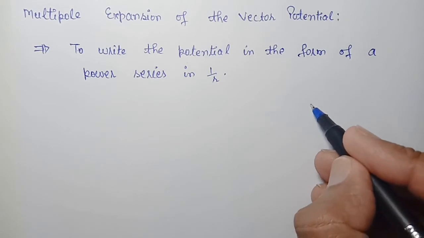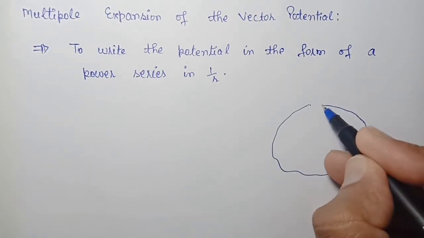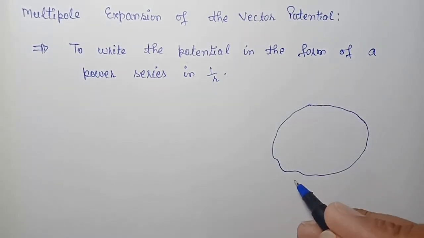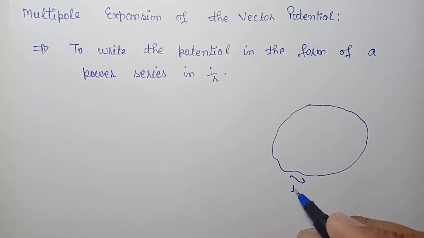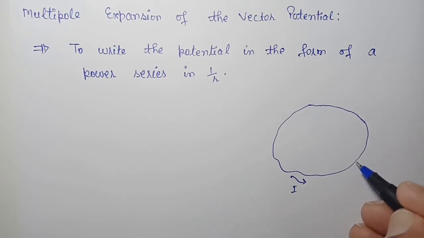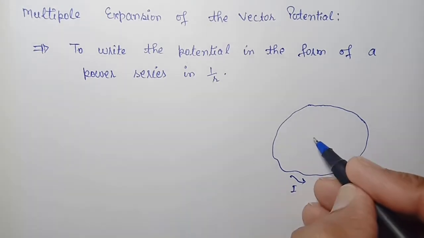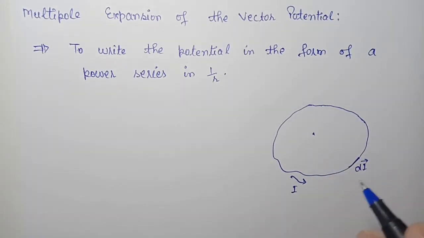For this, suppose here we have a current carrying loop. Current here is a steady current, and suppose this is a small segment, that is dl, and here we have a central point.